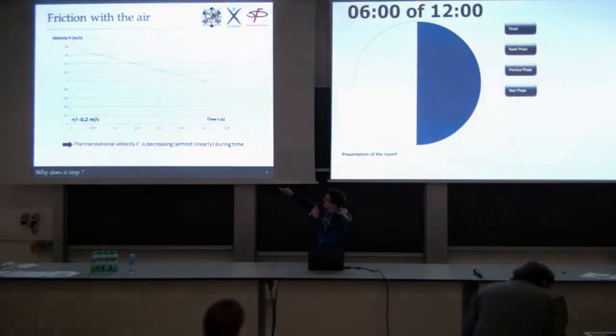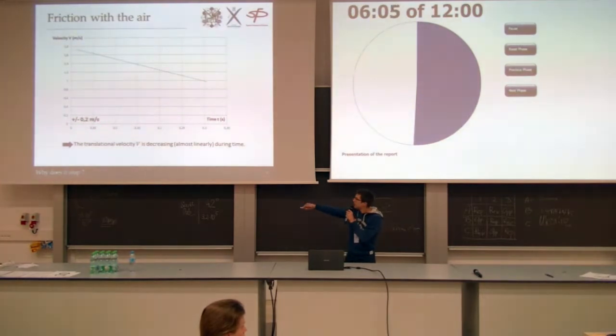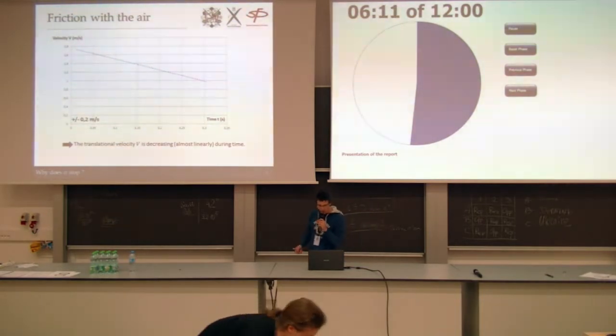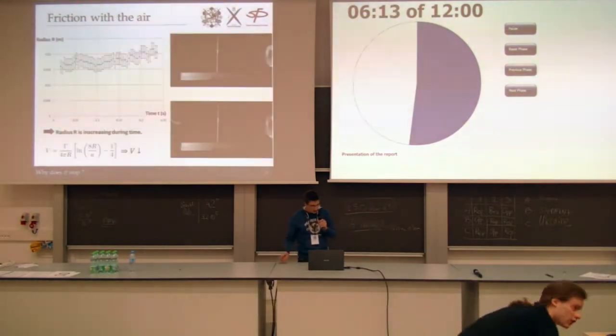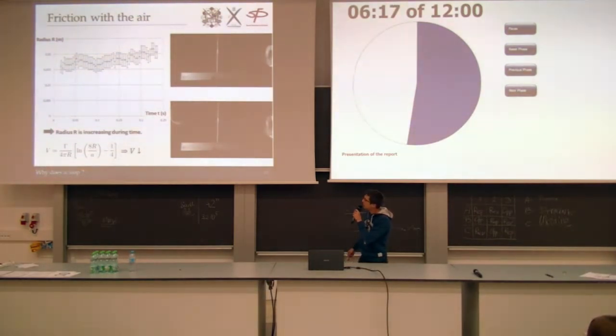Here is the result of the velocity v as a function of time with the error bars. We can see that the velocity v is decreasing almost linearly during the time. Then, if we have a close look at the big radius R, we can see that it is increasing during the time.